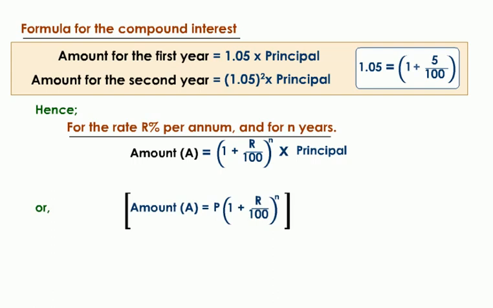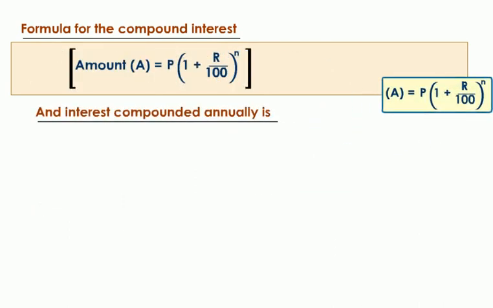And interest compounded annually is interest equals amount minus principal. That gives us principal into 1 plus rate divided by 100 whole to the power n minus principal.